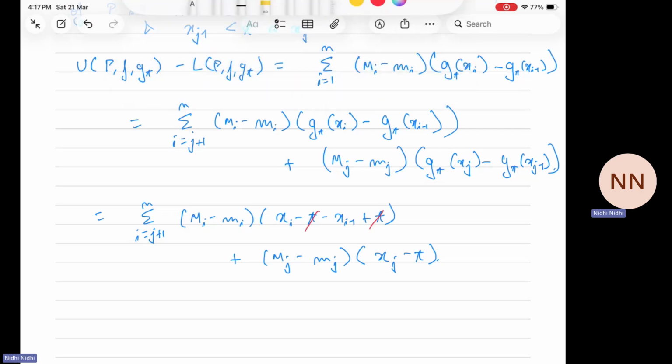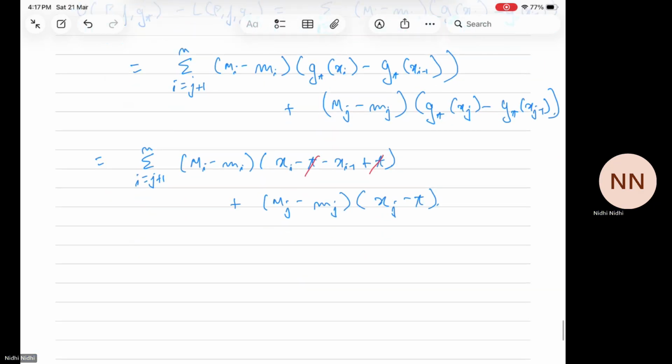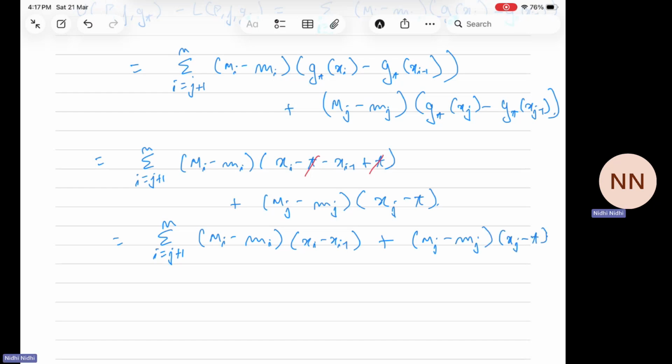So this will be the summation i from j plus 1 to n of (M_i minus m_i)(x_i minus x_{i-1}) plus (M_j minus m_j)(x_j minus t).